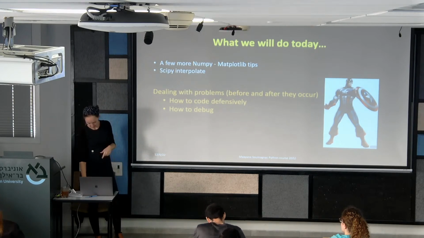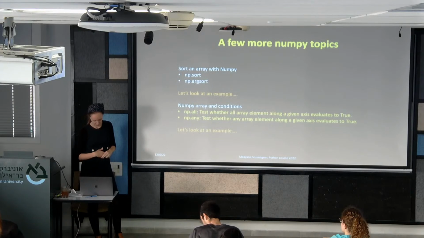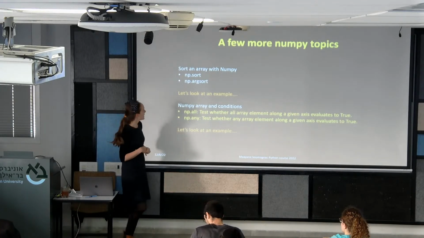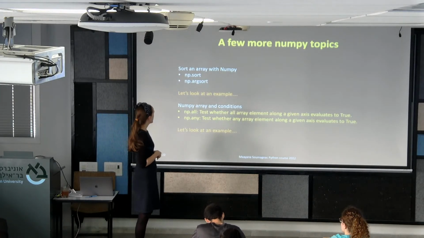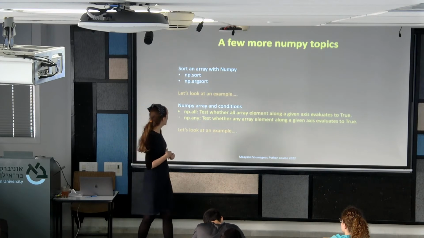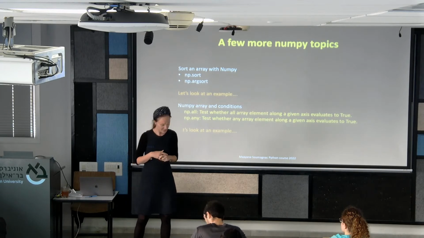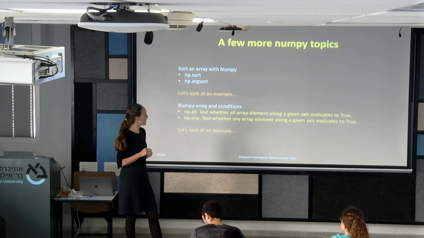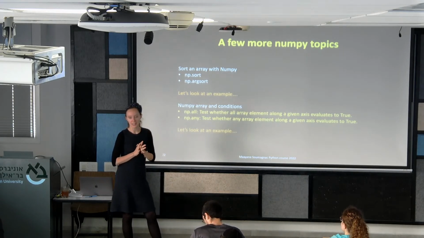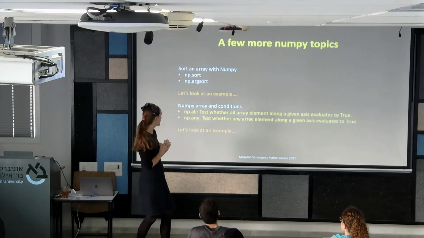which has an overlap with the topics we spoke about last time. So we'll start with sorting arrays, sorting NumPy arrays. So there are two very interesting functions in NumPy called sort and argsort.